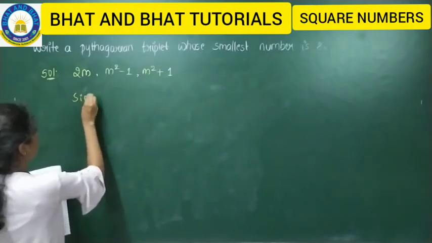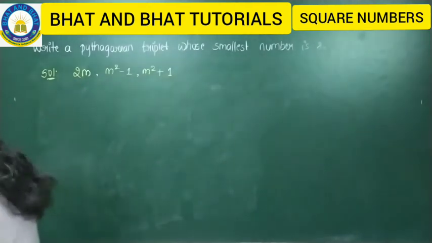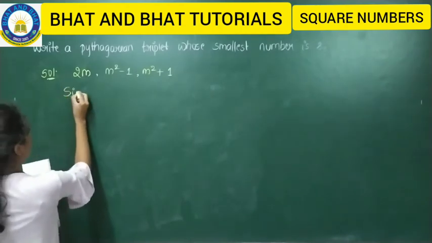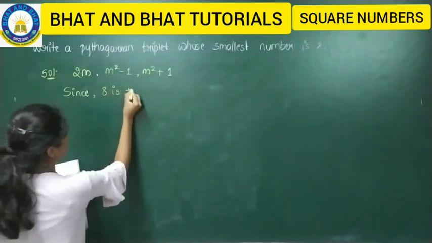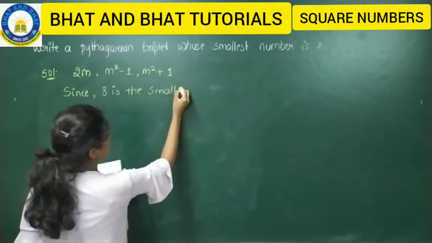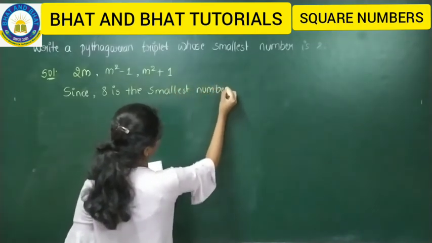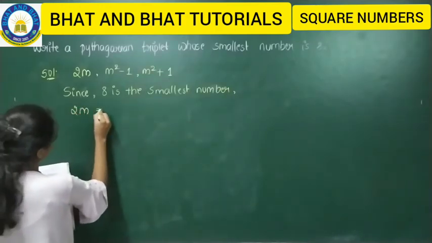Since 8 is the smallest number, 2m is equal to 8.